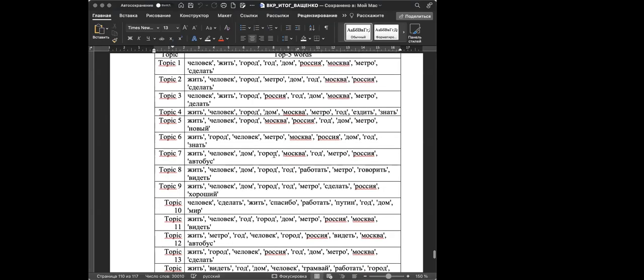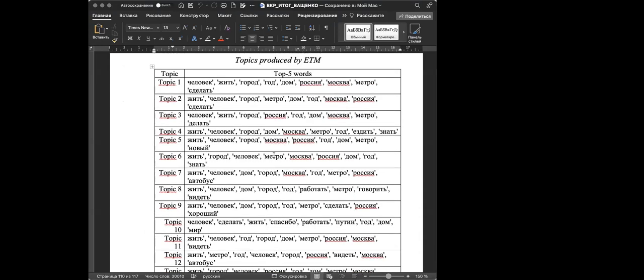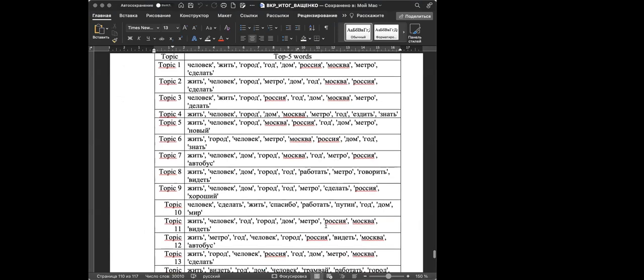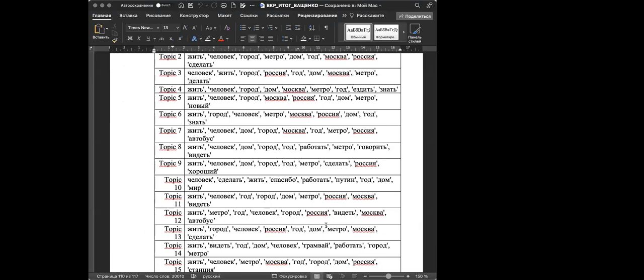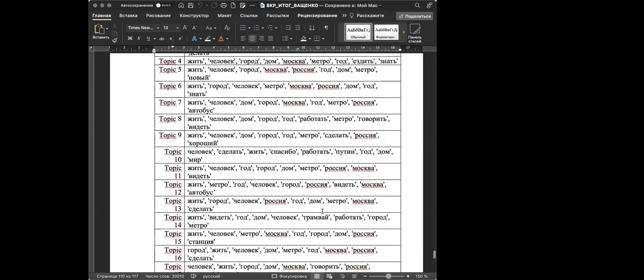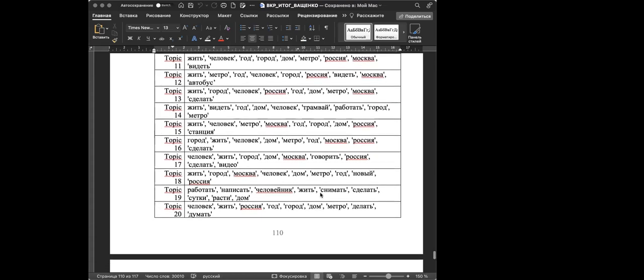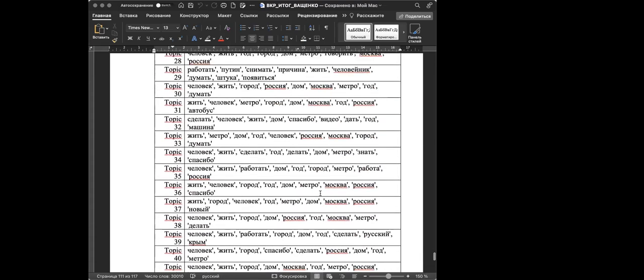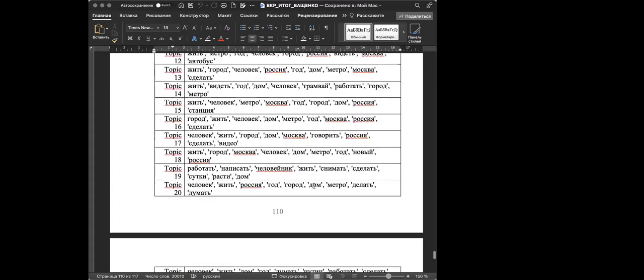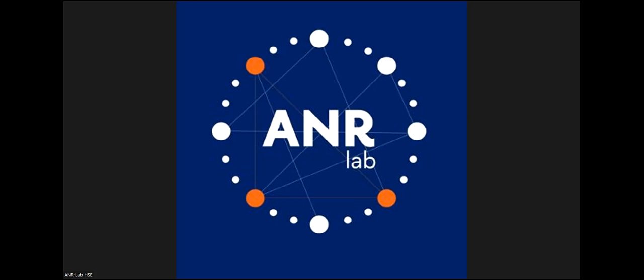So those topics are not identical, and you have to take into account that what is shown here is only the top 5 words for each of the topics, so they are more differentiated further down the line, but you can see that a lot of words that are high frequency just occur in all of the topics, and that is the negative trait of this particular implementation, but again, it can be used differently, and had we introduced the option for exclusion, we would probably end up with something a bit more interpretable and high quality. But that's what we're working with for now.